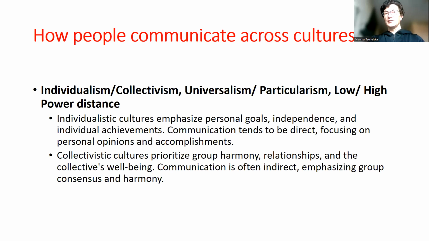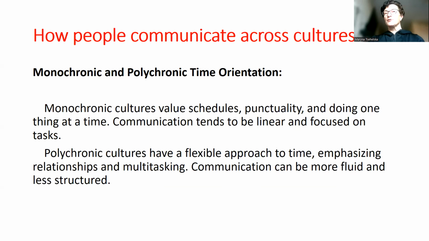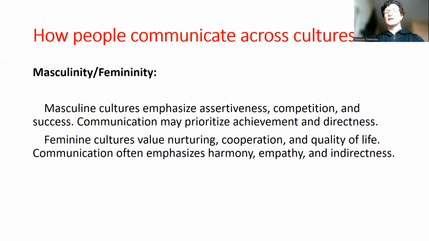People from individualistic cultures tend to be more direct, while collectivist cultures are more indirect, emphasizing group consensus and harmony. Monochronic people are more punctual and focused on time, while polychronic people can have more fluid communication because relationships are really important for them.